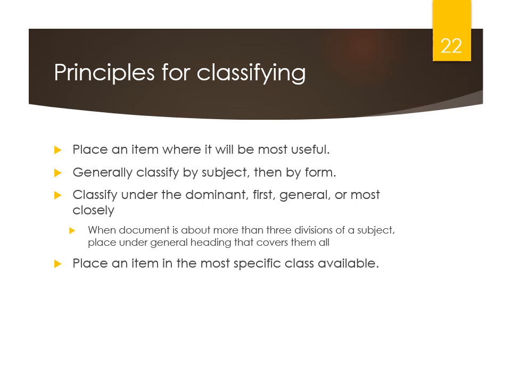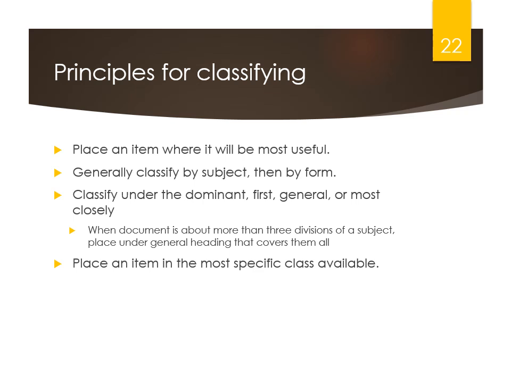Try to classify an item by placing it where it will be most useful. Sometimes you need to think about where it is better to classify. If the item fits two or three places in the subject area, try to place it where it will be most useful.